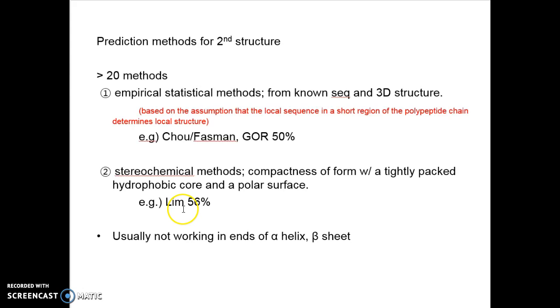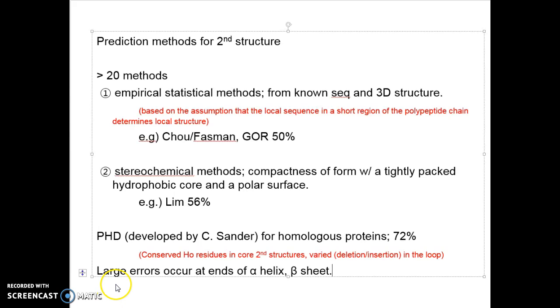You can see the Lim method in this category. The prediction is similar to the previous one. However, when these methods are used, large errors occur at the ends of alpha helices and beta sheets.